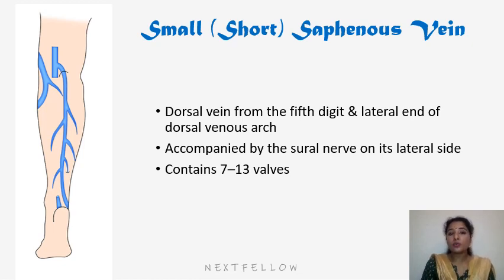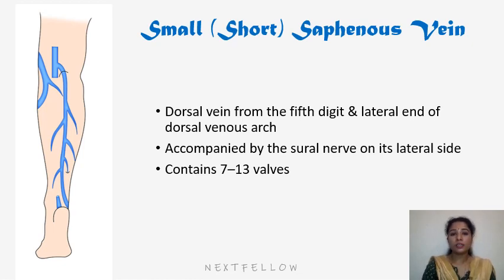Next we shall move on to the short or small saphenous vein. The short saphenous vein is the continuation from the lateral side of the dorsal venous arch; the medial side is the great saphenous vein. It arises from the lateral side, where the dorsal vein from the fifth digit and the lateral end of the dorsal venous arch join to form the short saphenous vein.